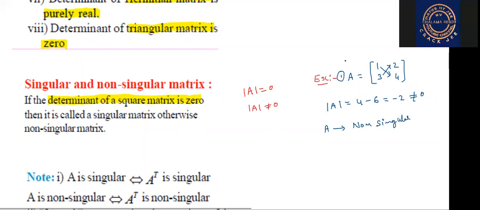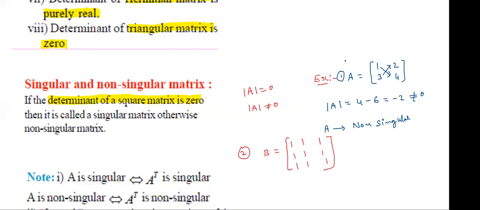I am going to take another example. B matrix, see here: 1, 1, 1, 1, 1, 1, 1, 1, 1. Now, how to find det B? Already you know that. What are the signs here? Plus, minus, plus. Plus 1 into AD minus BC: 1 into 1, 1 minus 1.